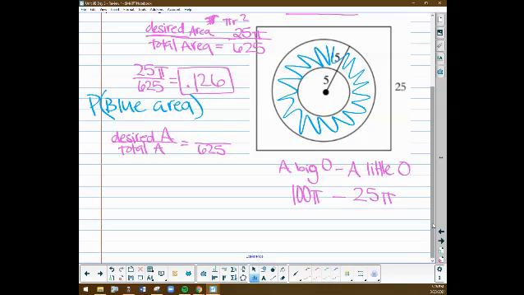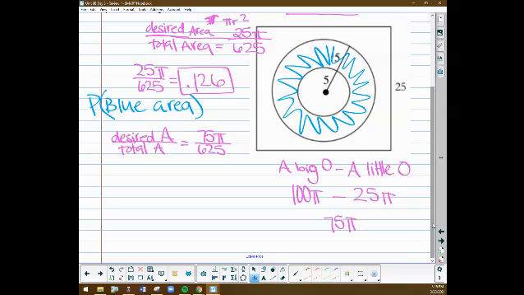Okay, that is 75 pi. So our desired area of that little blue shaded region is going to be 75 pi.